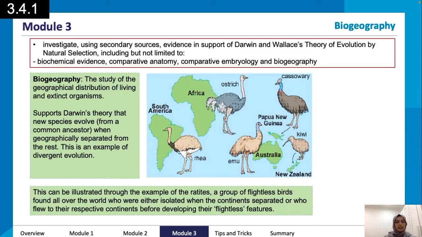So, kiwi in New Zealand, the emu in Australia, the cassowary in PNG, the ostrich in Africa, and the rhea in South America. All flightless birds. In accordance with Darwin's theory, they flew to their respective continents and then developed flightless features, whereas before they didn't have them.